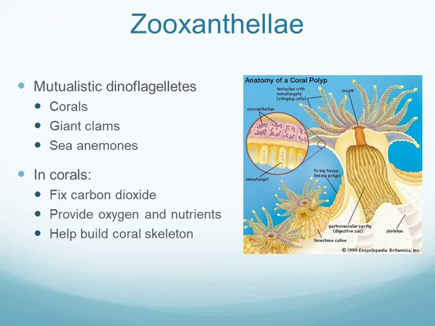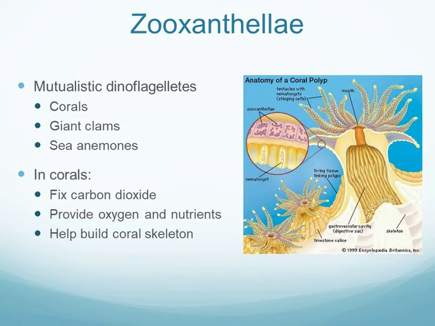So the main job for the zooxanthellae is they fix carbon dioxide that is released from the polyp, and they convert it into oxygen and nutrients using photosynthesis. And they also help in building the coral skeleton.